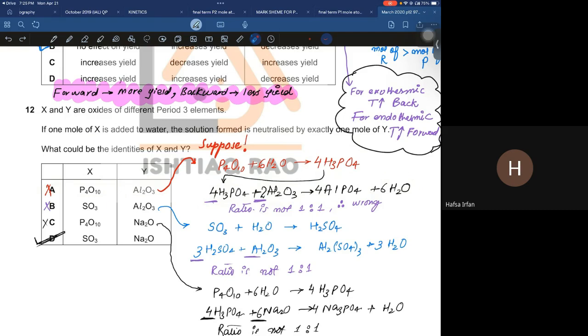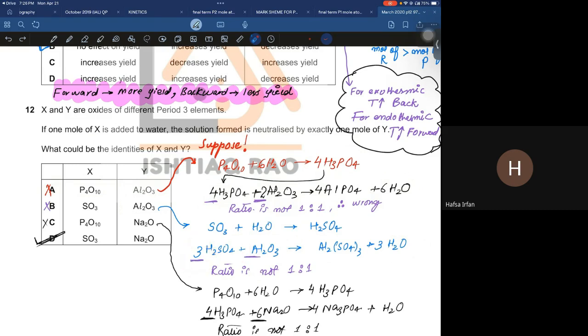So then let's try option B. SO3. First of all, I'm going to react it with water and it's going to form sulfuric acid. And then sulfuric acid is going to react with this Al2O3 and then it's going to form this. Again, the ratio is 3 is to 1, not 1 is to 1.